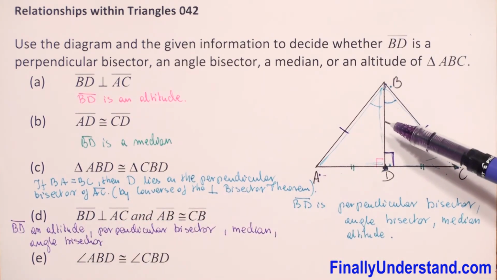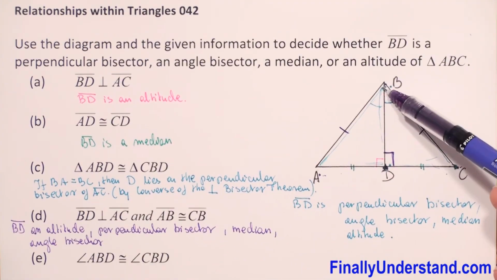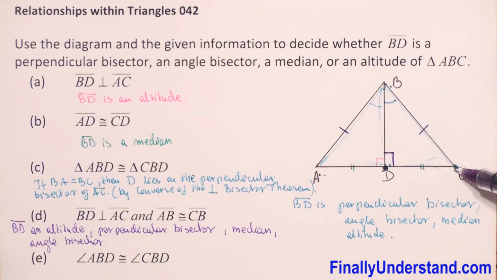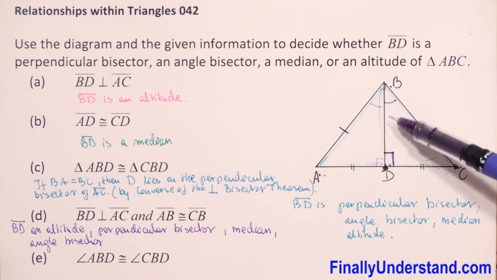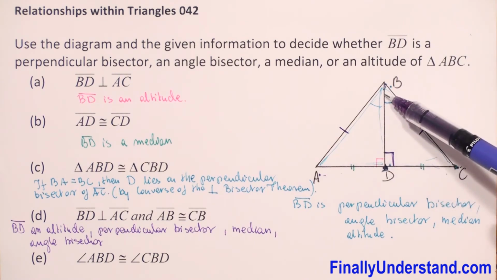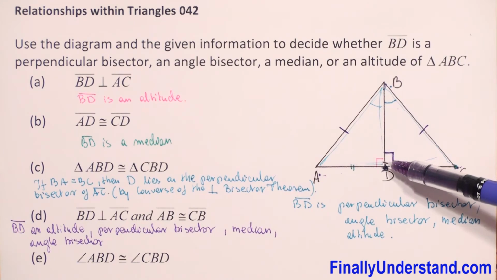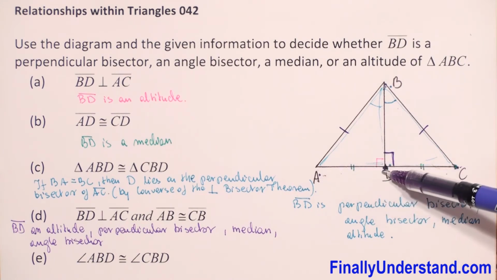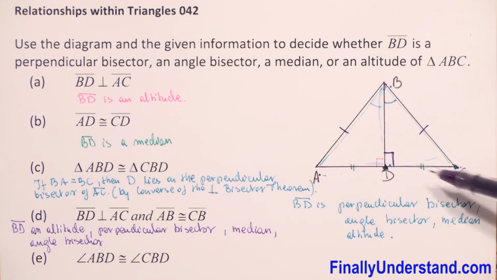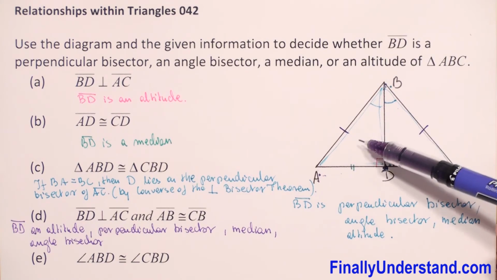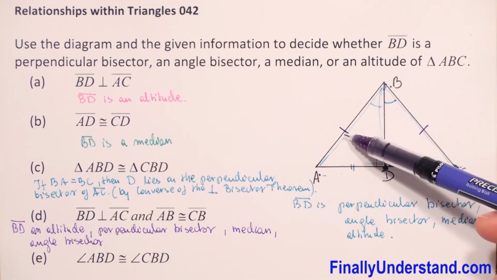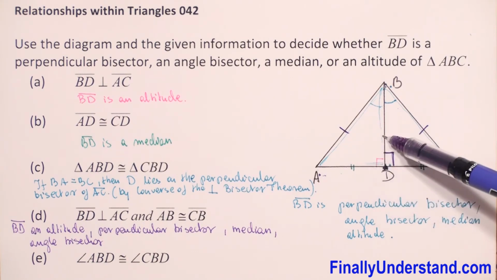because we have that AB is congruent to CB, BD is congruent to BD, and D is the midpoint of AC, so AD is congruent to CD. So we have here two congruent triangles by side, side, side.